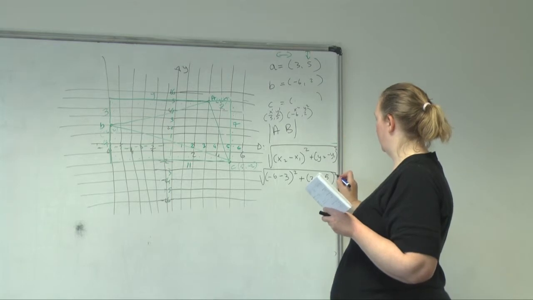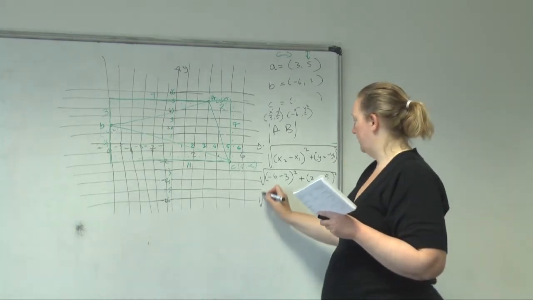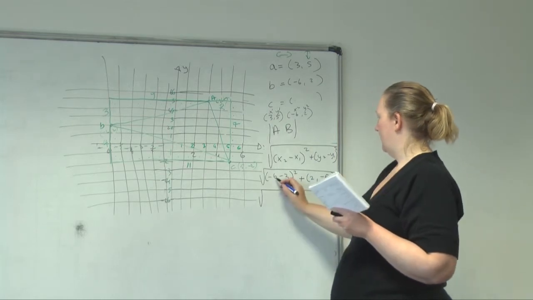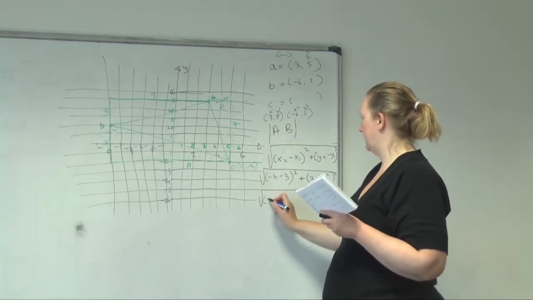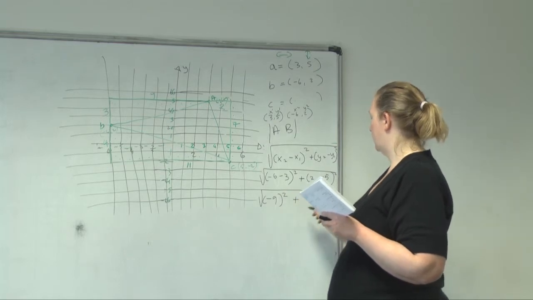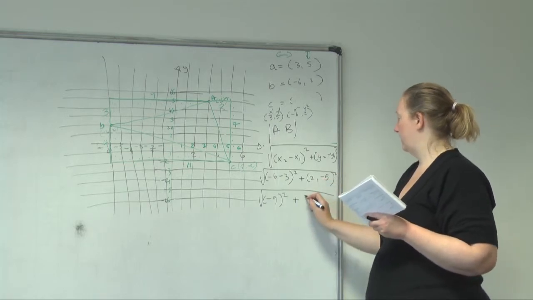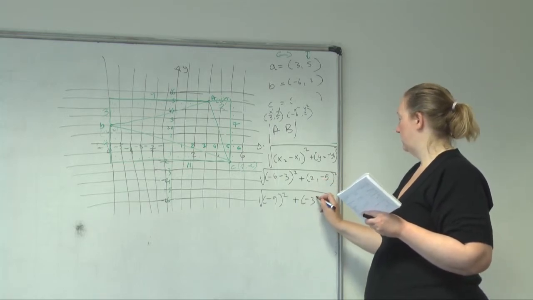Okay, to be squared. So here you end up with minus 6 minus 3 is minus 9 to be squared plus 2 minus 5, minus 3, to be squared.